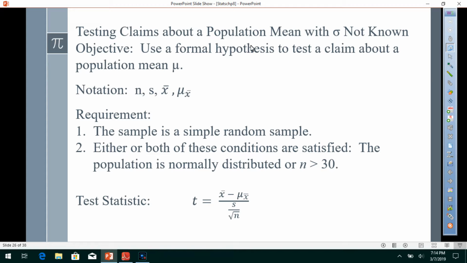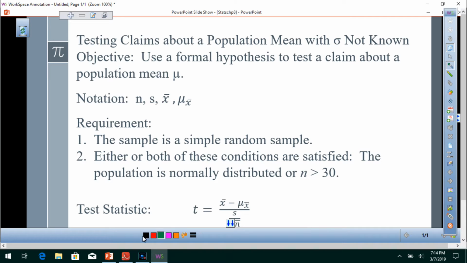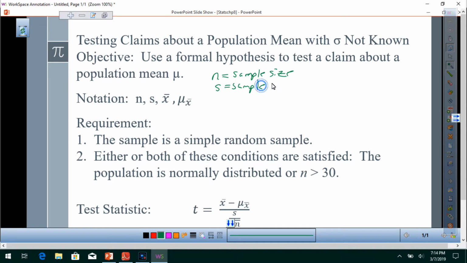Notation: n is the sample size. s is the sample standard deviation. x bar is the sample mean, and mu sub x bar is the population mean.